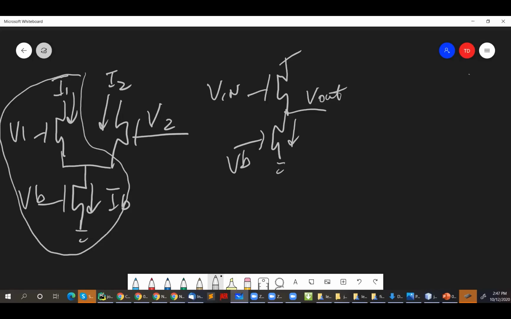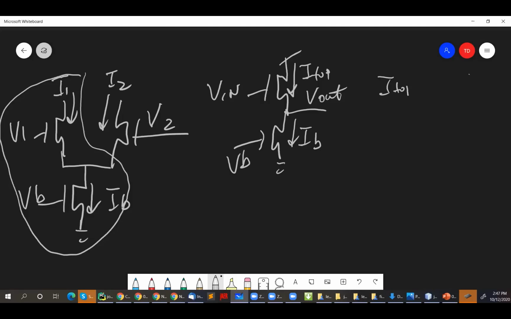And so if you have a fixed current over here, then you know that the output has to change. Depending on where the input sits, the output has to move to a place such that this current, you could say I top, has to be equal to IB, right?